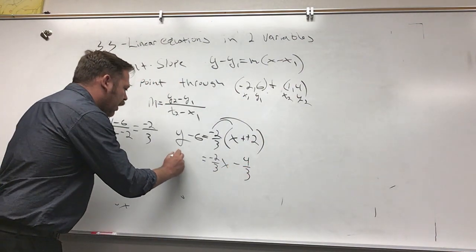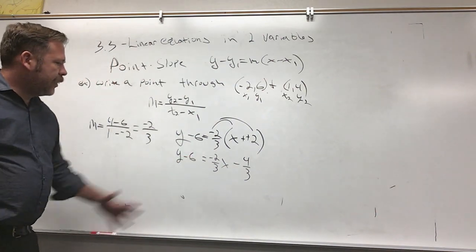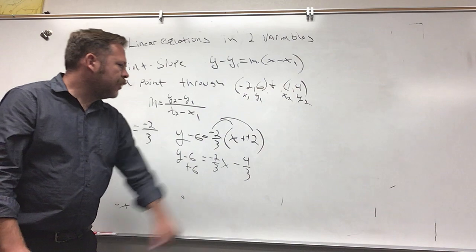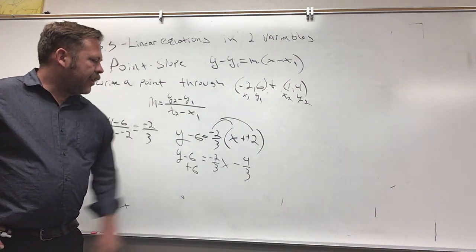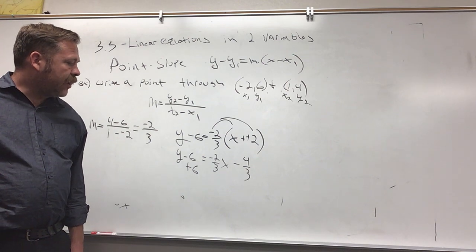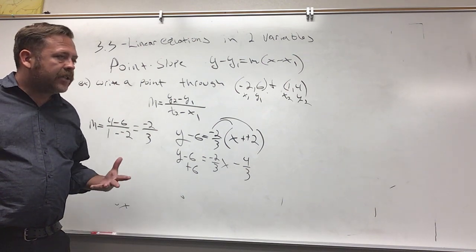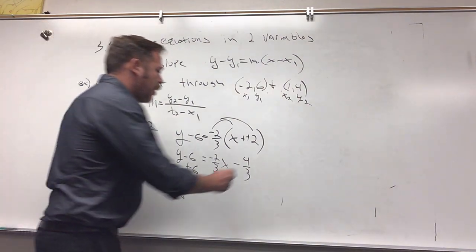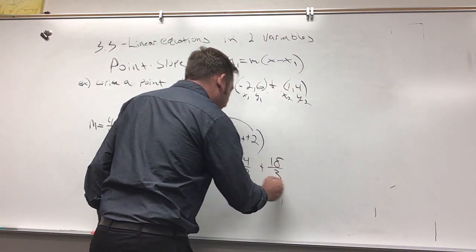And here I've got y minus 6, and then I'm going to add 6 to both sides. Keep in mind, stop me if you have questions, when I add 6 to negative 4/3, I need to make 6 in the form of thirds. How many thirds would it take to make 6? Well, how about 18/3?